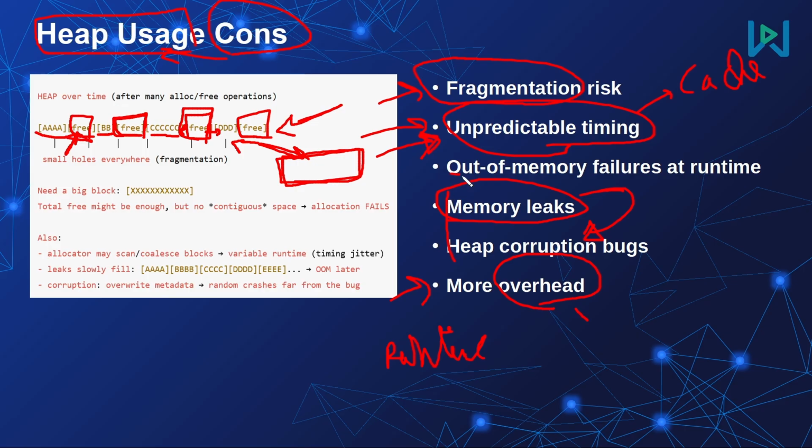Finally, we'll have what is called an out-of-memory failure at runtime. This is again due to the overflow of our heap memory and going out of the boundary of the predefined heap memory size.